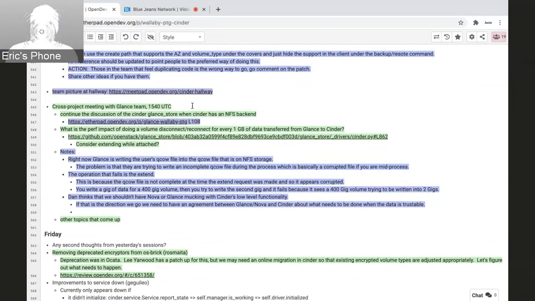So in the NFS driver in Cinder, by default, if you just say give me a volume, it is a raw volume. But Cinder doesn't really know that it's a raw volume. It just treats it as one. But there's an option where you can opt in to having new volumes created as QCOW2 for the NFS driver.